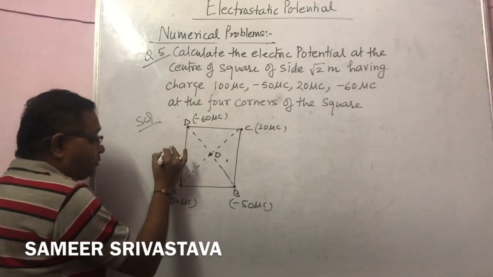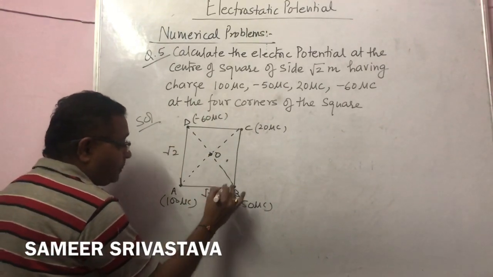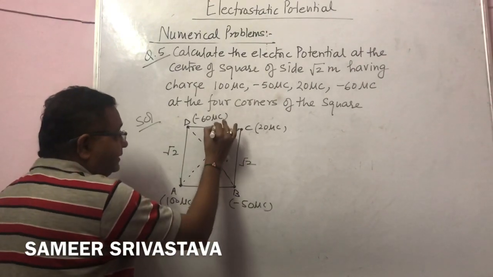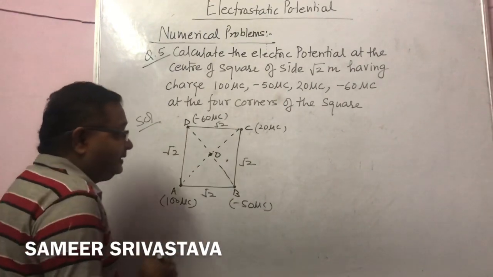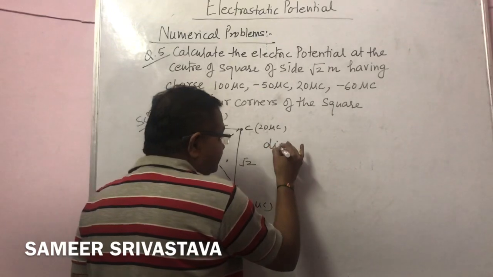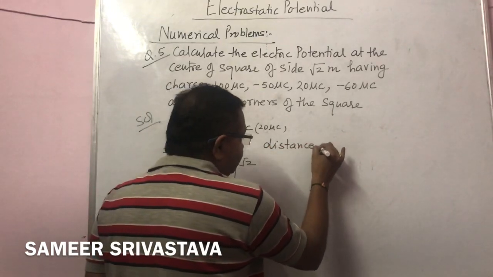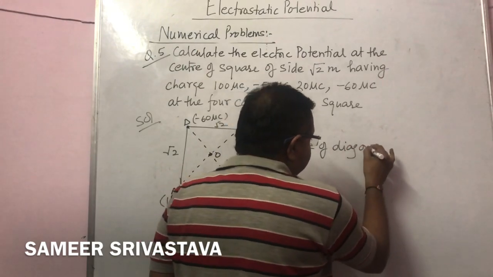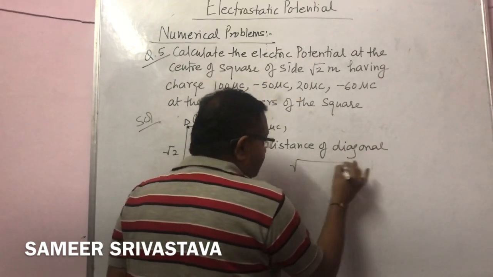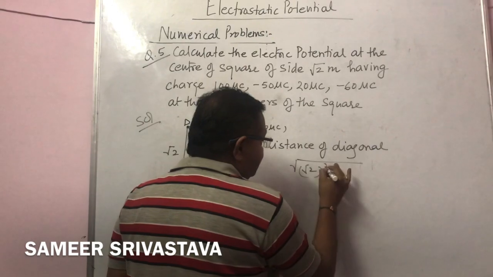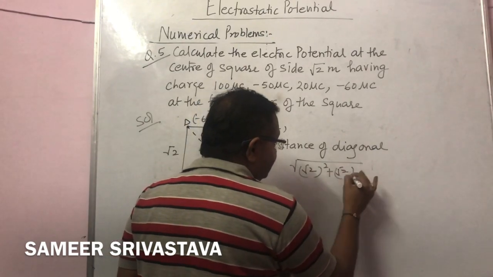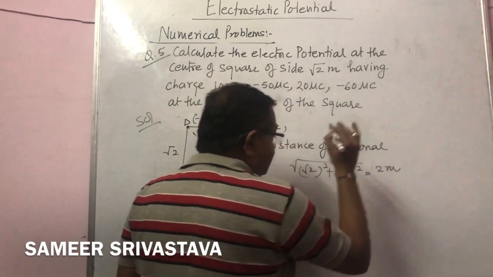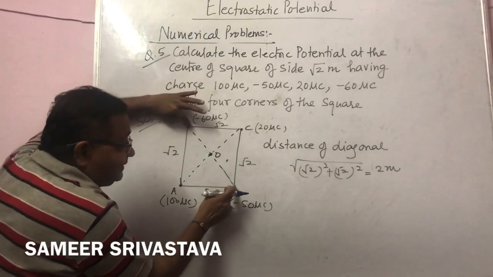Now if the side of the square is root 2 meter, what about the diagonal? The distance of the diagonal is under root of root 2 square plus root 2 square, that is 2 meter. So the total diagonal is 2 meter.